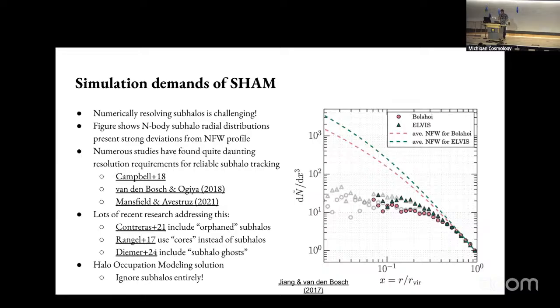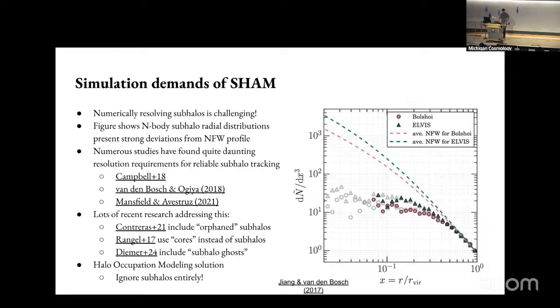Another major limitation of using SHAM is that the reliance on subhalos places stringent demands on your simulation. What you're looking at in this figure is a plot of, in dashed curves, the NFW profile of a dark matter halo of, I think, Milky Way mass.